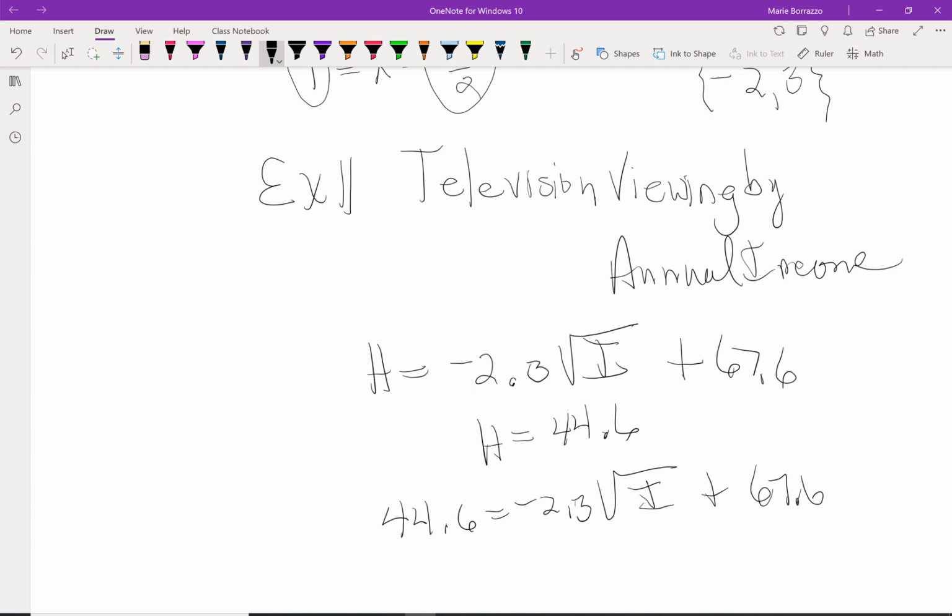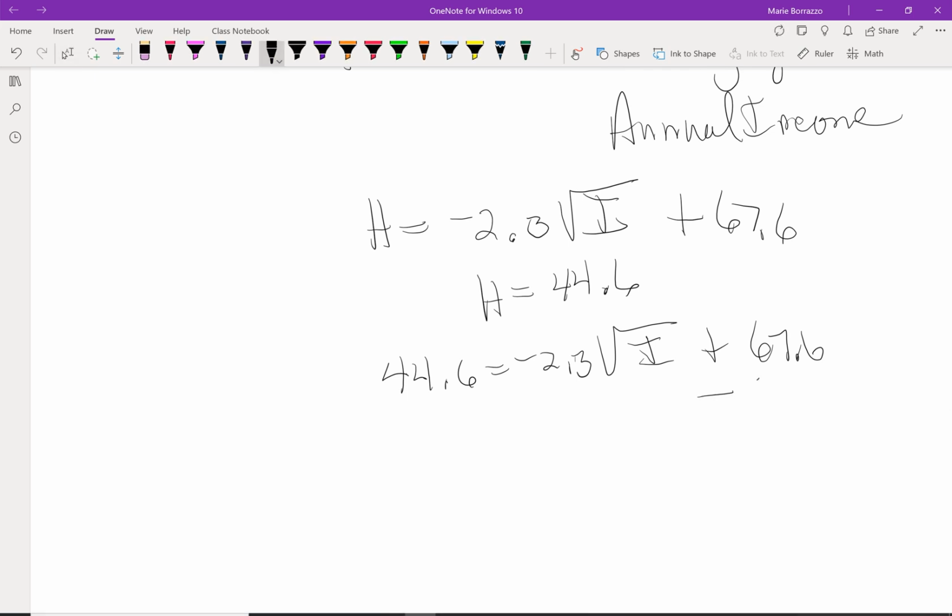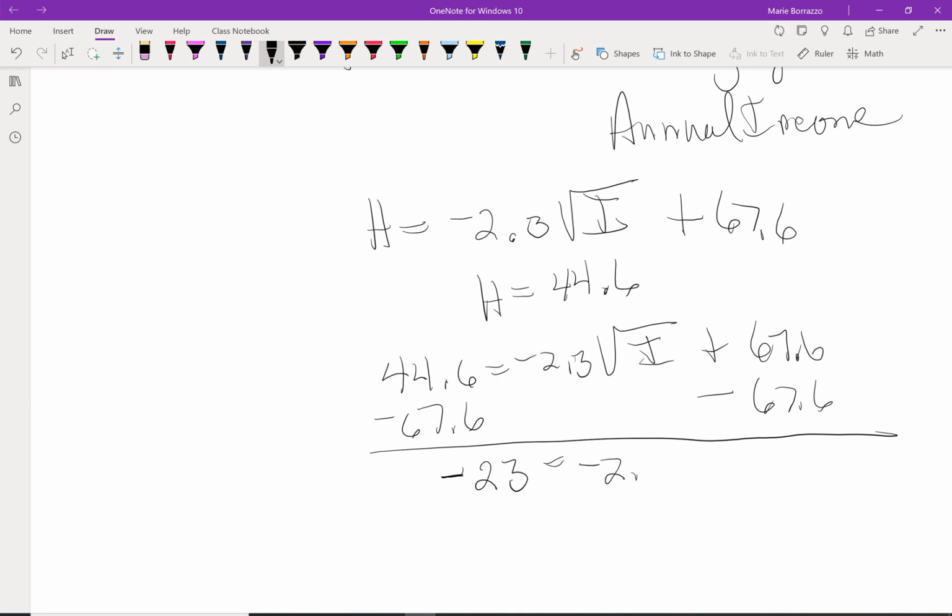So we're obviously going to subtract that 67.6 on both sides, and we're then left with negative 23 is equal to negative 2.3 square root of I.